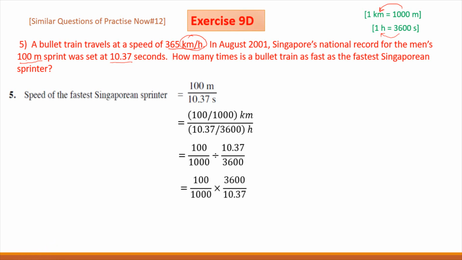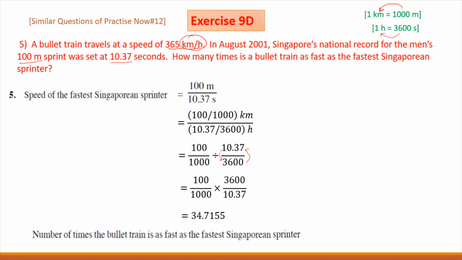Now we will convert the division sign into multiply, and it will be the reciprocal, so the numerator will be the denominator over here. We do the calculation and our answer will be 34.7155. Now we have to find the number of times the bullet train is as fast as the fastest Singaporean sprinter.